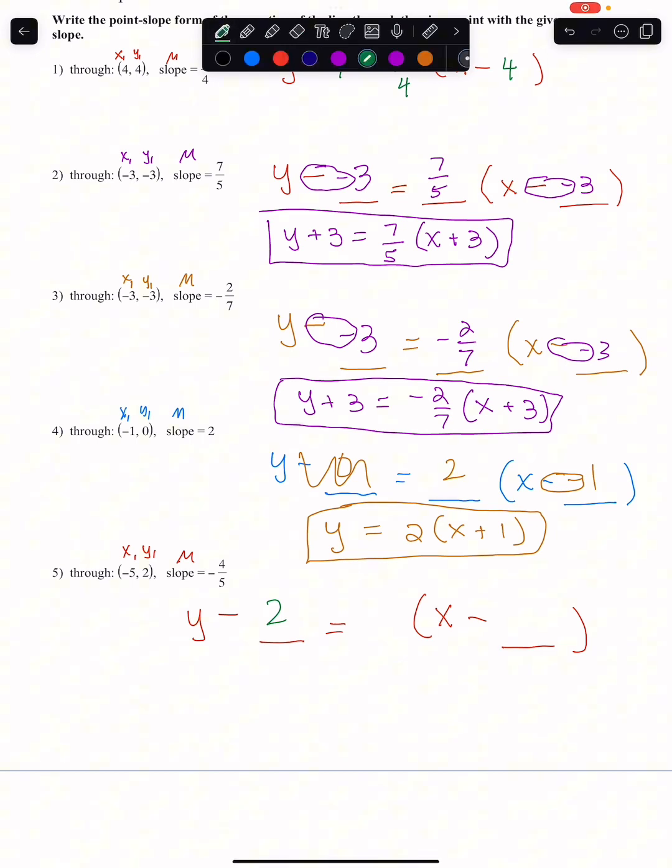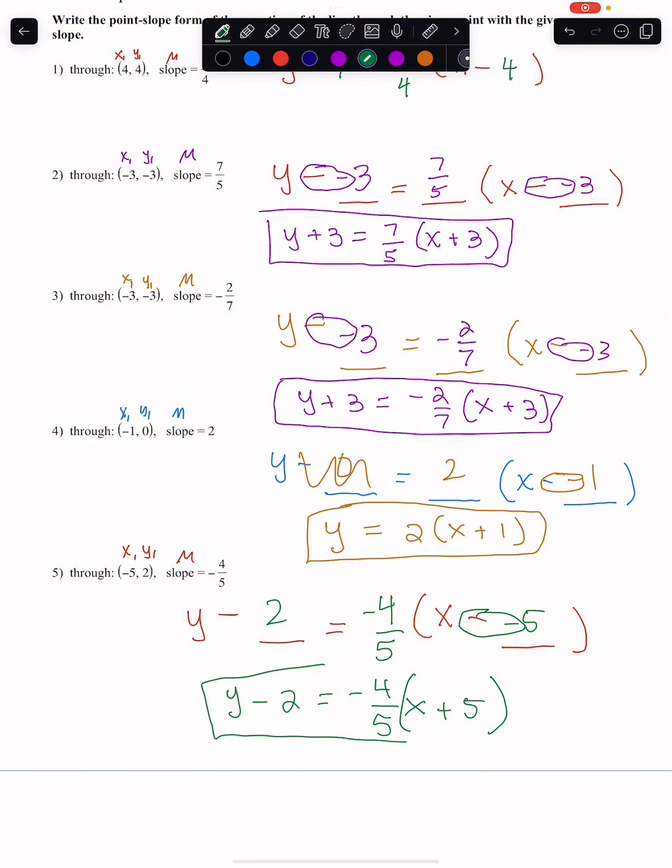That m was in the way. m was negative 4/5. And my x1 is negative 5. So I got to do y minus 2 equals negative 4/5 x, double sign, plus 5. That is the final answer.